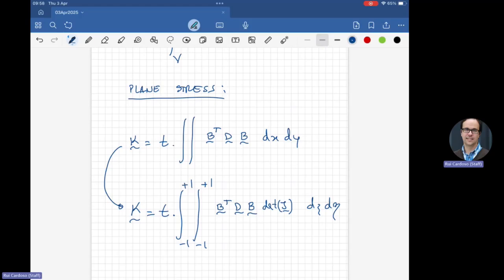Because there's a huge advantage. For the numerical integration, we are going to see that we integrate in a perfect regular square, right? This is a unique advantage for developing these FEA codes and putting them in a computer, because we can just implement this for a regular element defined in the parametric domain.